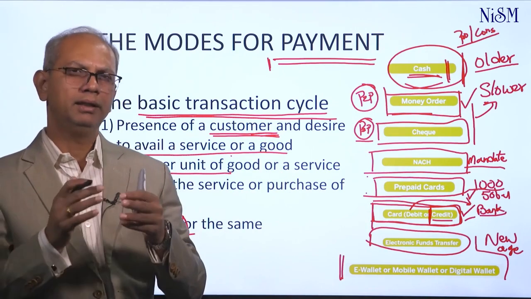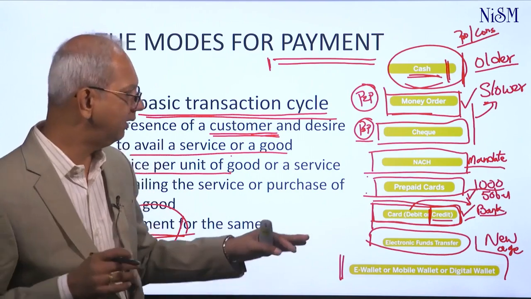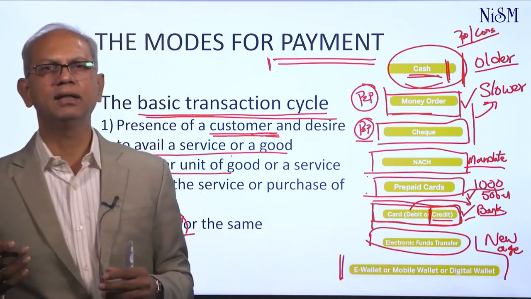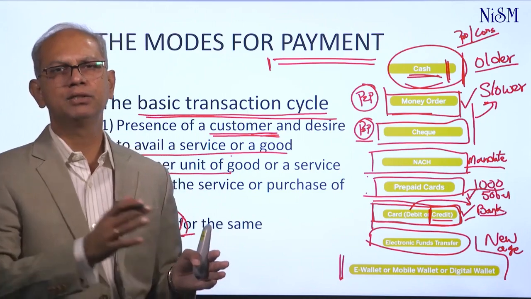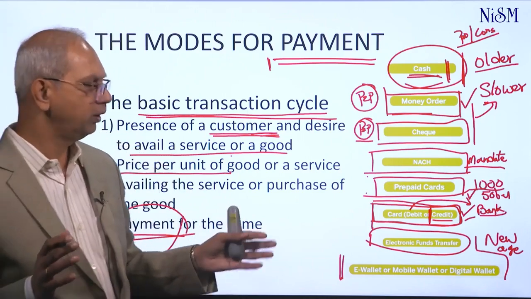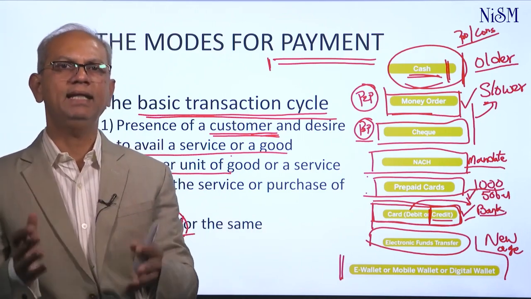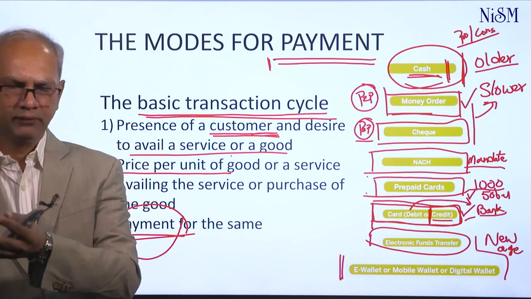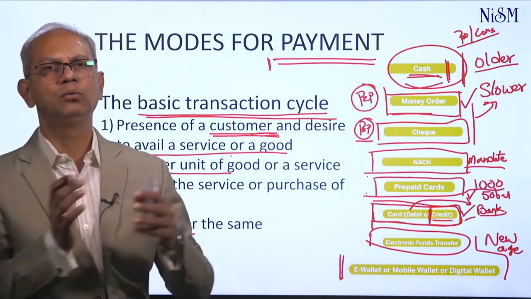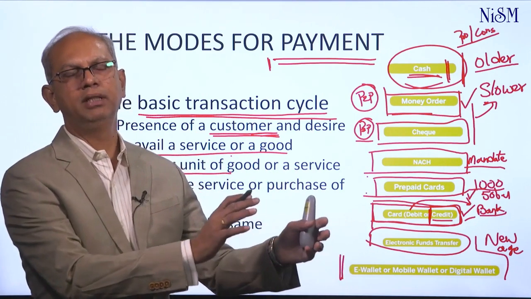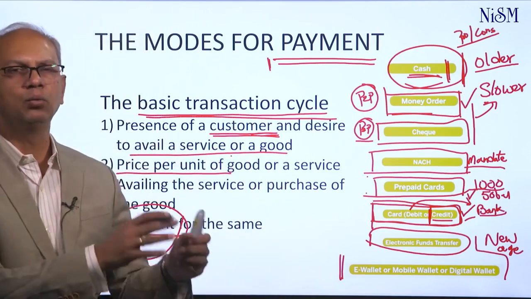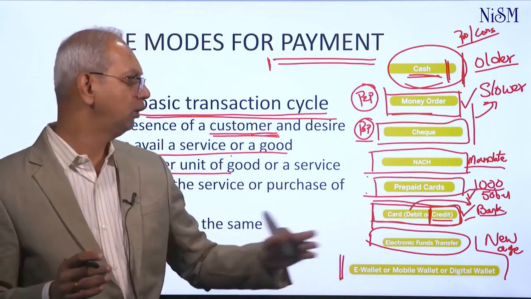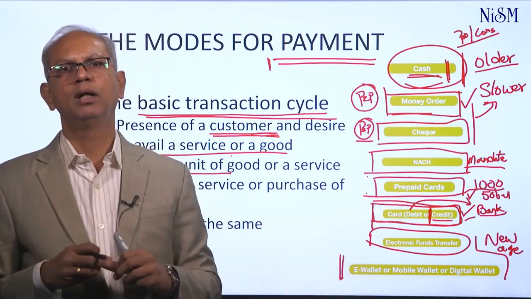For NEFT to settle, the time actually takes anywhere between 15 minutes to less than an hour. So if you were to transfer through the NEFT mode from one bank to the other individual's bank account, or organization or a vendor, whoever that other person is, you could do a NEFT.